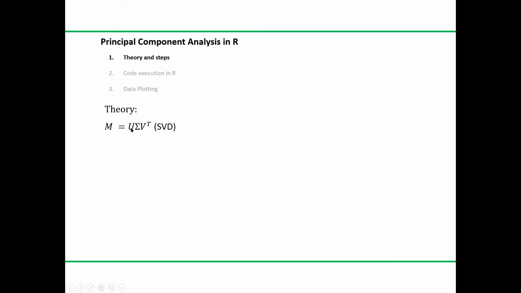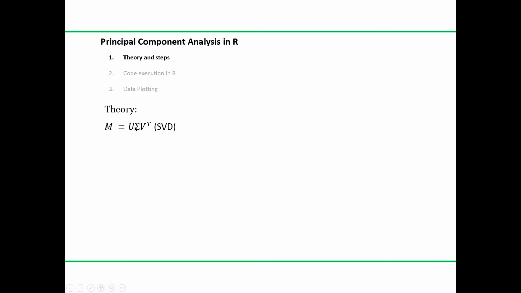On the other hand, there are two other matrices, U and V, and these two matrices are square matrices. The U matrix is an M by M matrix, and the V matrix is an N by N matrix. In singular value decomposition theory, the transpose of the V matrix is used.